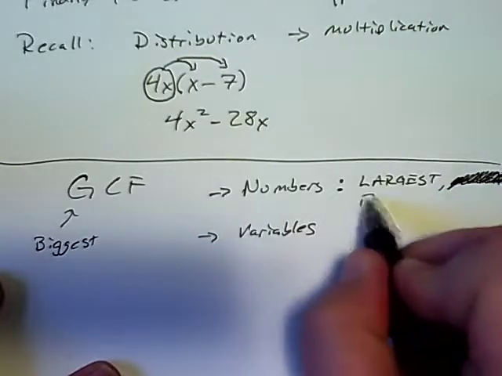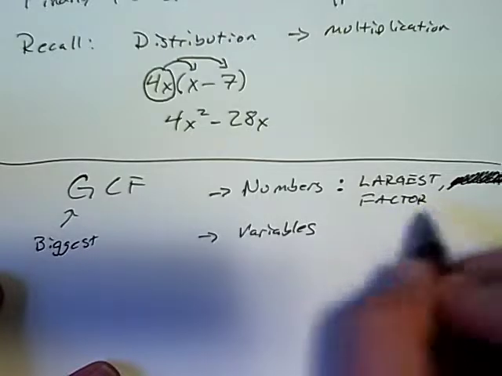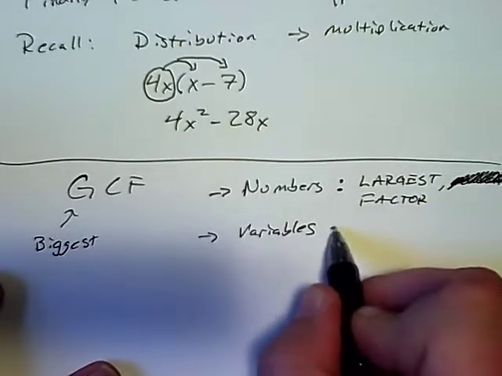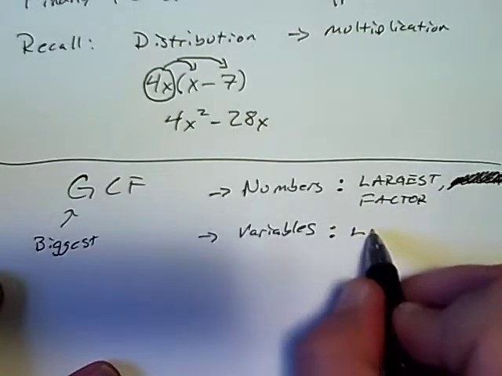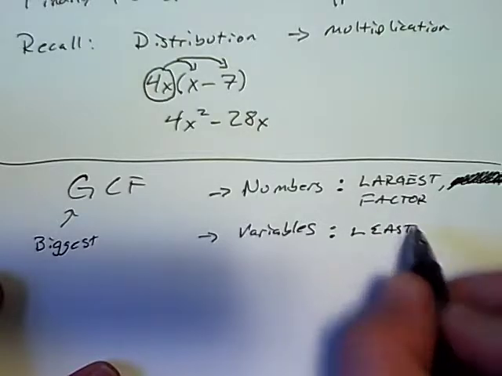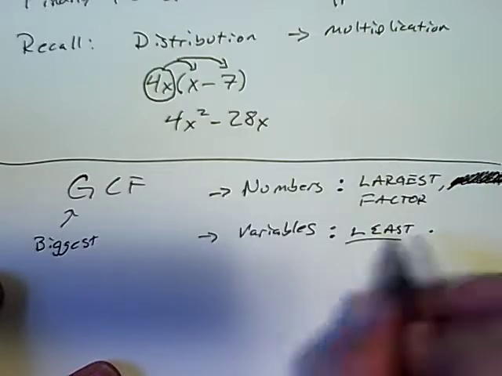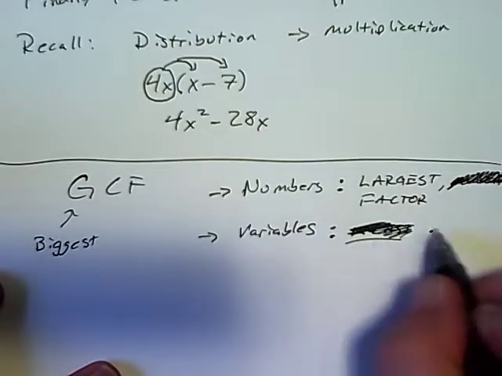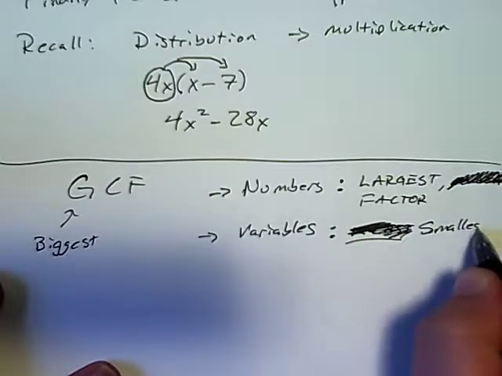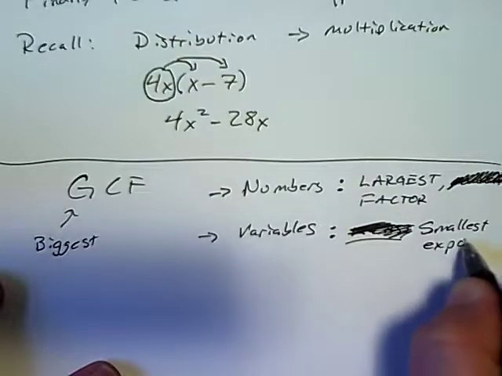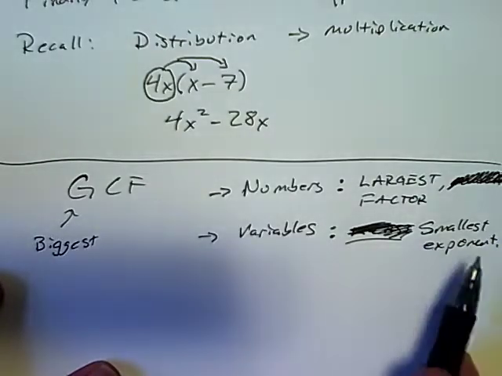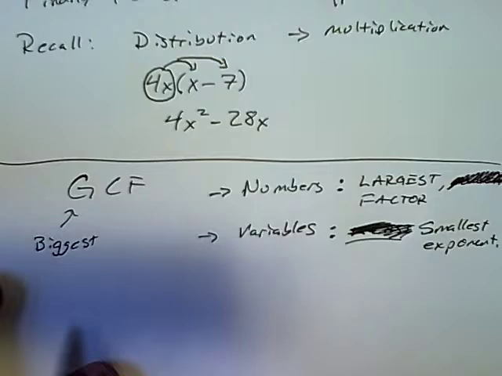The largest factor, as far as the numbers go. When it comes to the variables, I'm looking for the least degree or least exponent. I'm going to look for the smallest exponent, and that's going to make a little more sense later on as we do this.